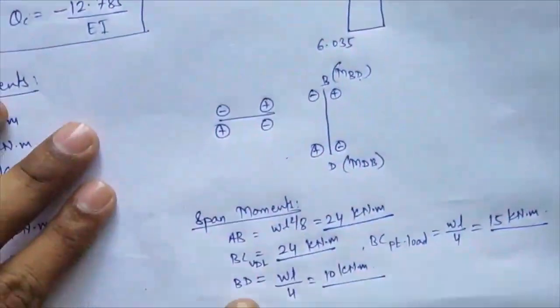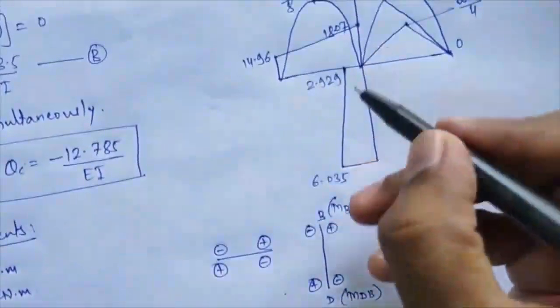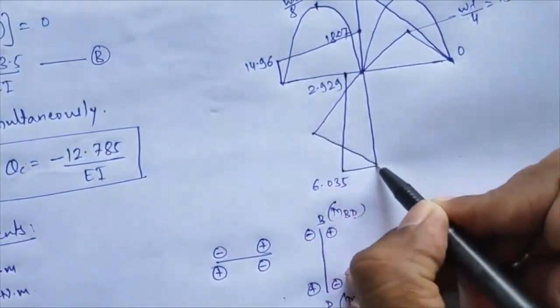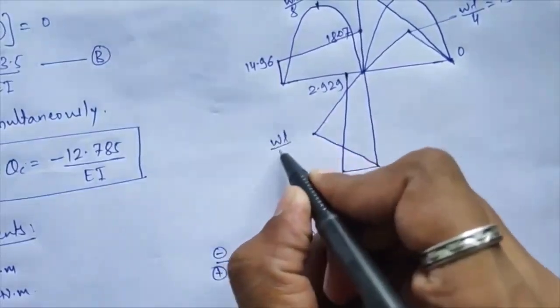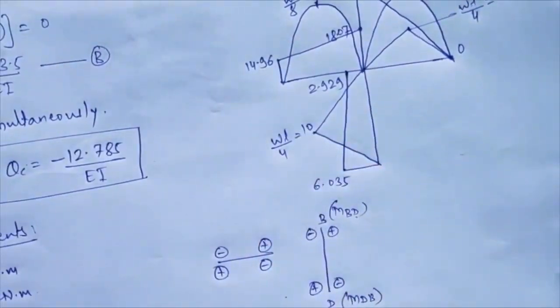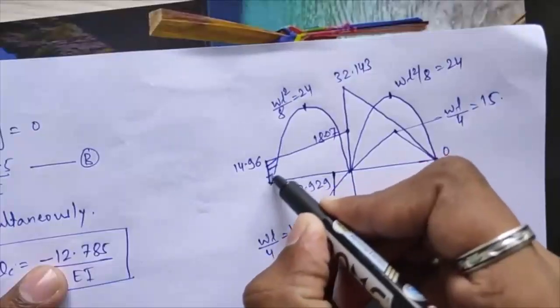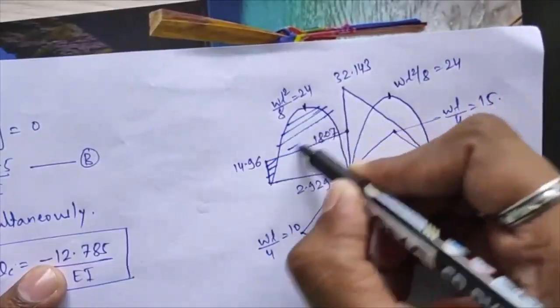And same way in span BD I am getting as 10, maximum 10 at the center, WL by 4, that will be equal to 10. Okay, and just simple, what you have to do, you have to shade the superimposed part over here.